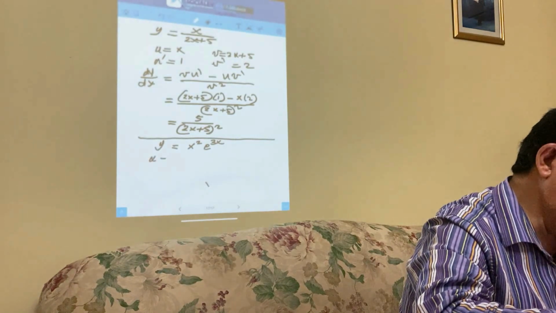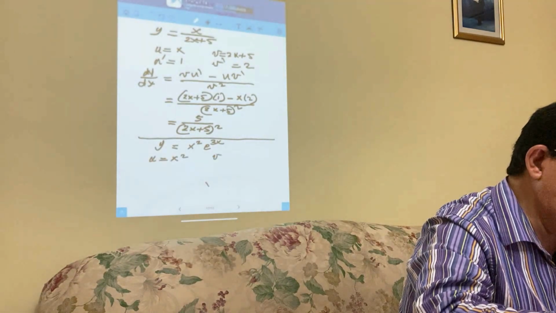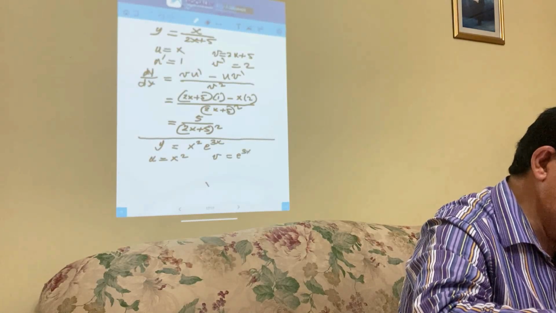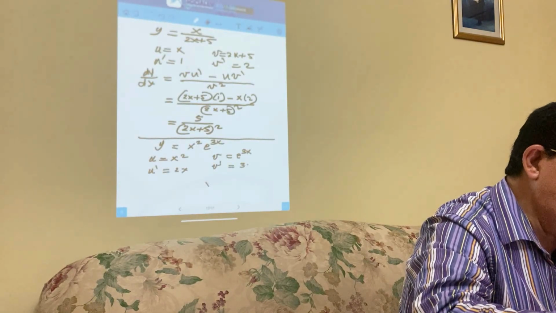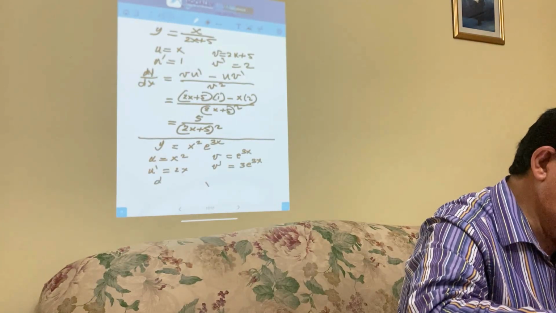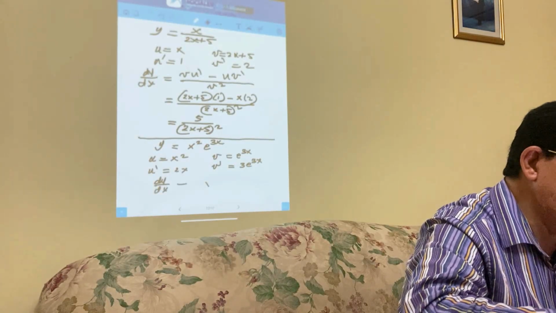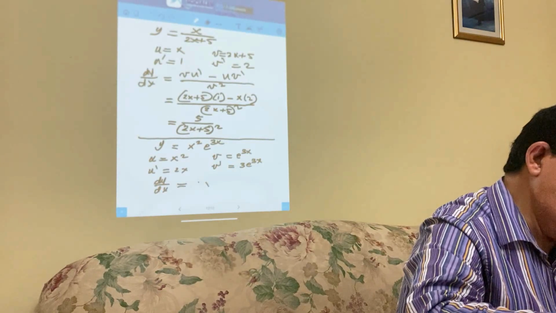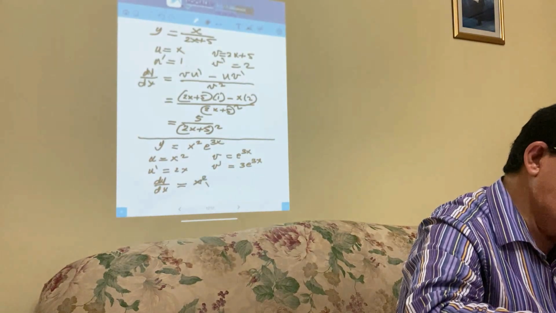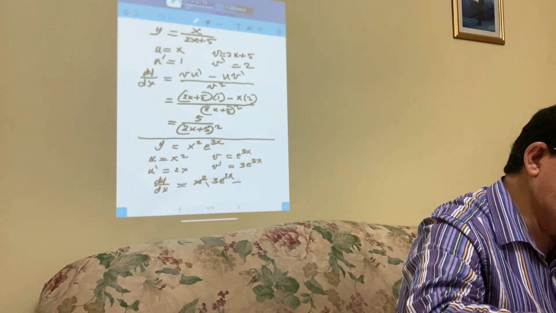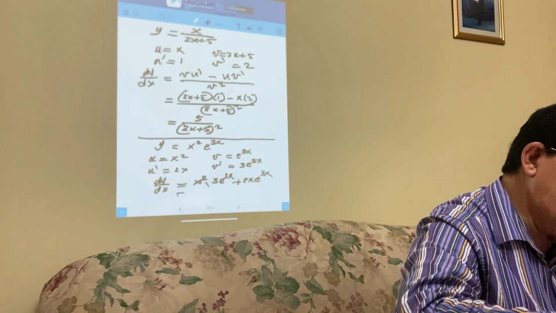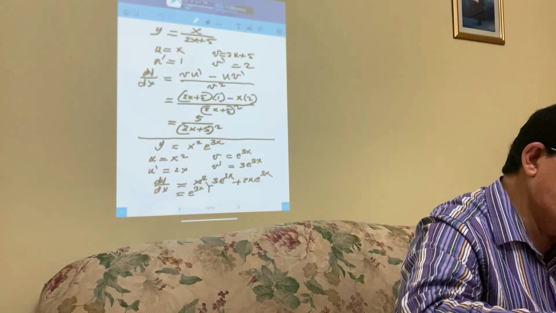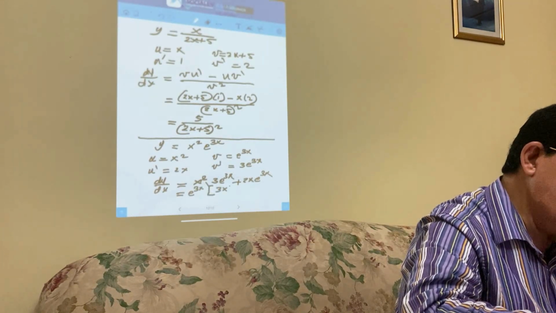So u equal x squared and v equal e power 3x, u dash equal 2x and v dash equal 3 e power 3x. So dy by dx equal x squared times 3 e power 3x plus 2x e power 3x. We can take e power 3x as common factor. We get e power 3x times 3x squared plus 2x.